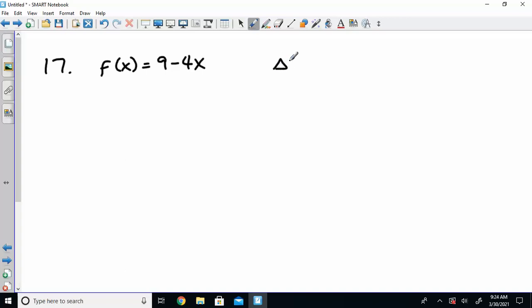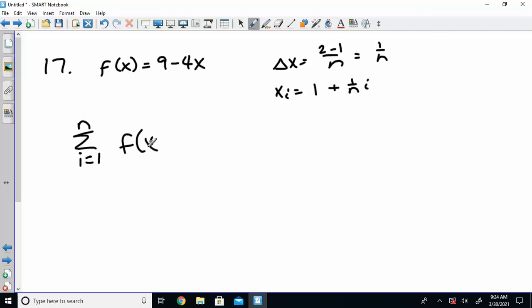So start with your change in x. You're going from 1 to 2, so 2 minus 1 over n is 1 over n. X sub I is your starting point, which is 1, plus your change in x times I. Then we do the sum from I equals 1 to n. It tells you, if you forget what you're doing, just look at what it says.